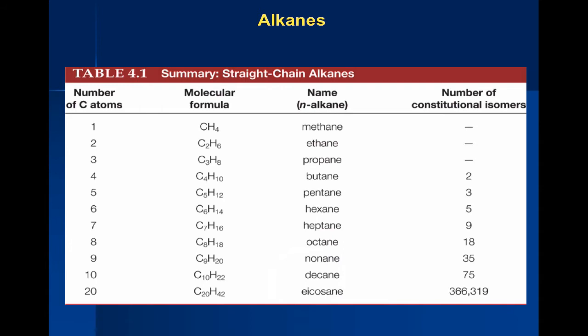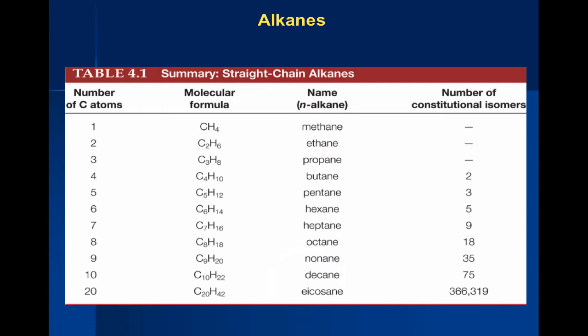When you get to butane, we start to have constitutional isomers. So C4H10, there's C4H10. How else could I put that together to get another constitutional isomer? Branch off from the second carbon? Is that still C4H10? You bet.